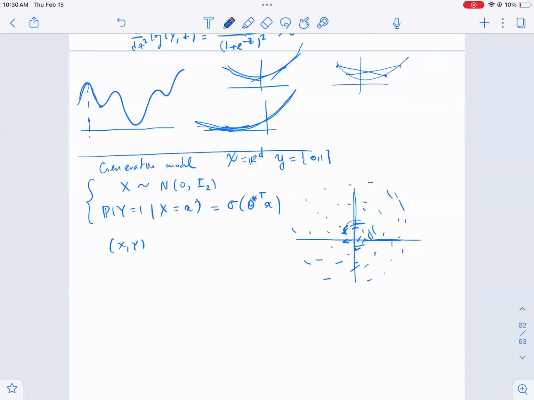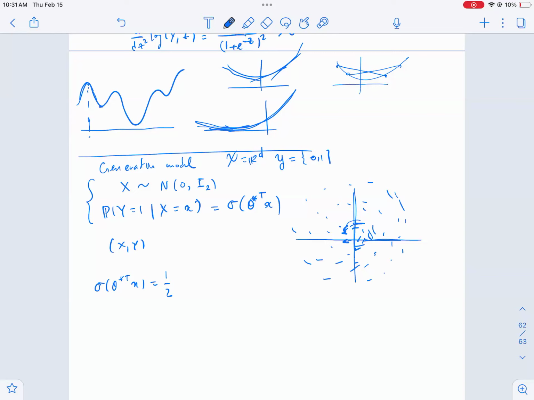The level sets of this would determine the locations where I have more probability, less probability, or the same probability of y being 1. For example, if I set sigma of theta star transpose x equal to 1/2, all the x's for which this equation holds have equal probability of being 0 or 1.